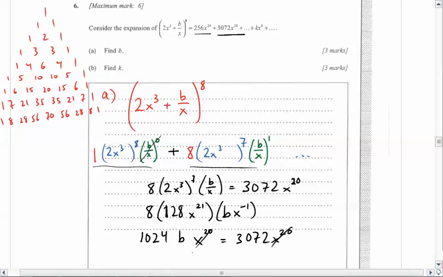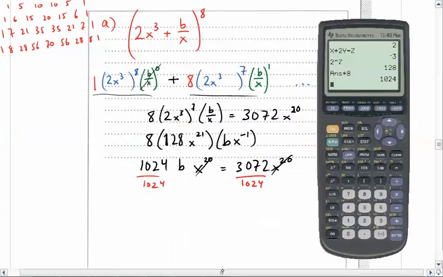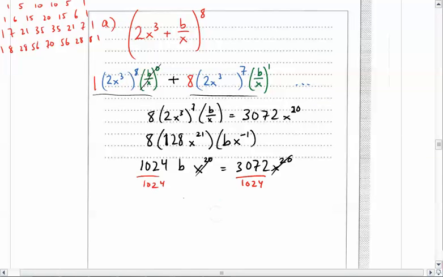So the x's will cancel. If I divide both sides by 1024, I should get my b. Looks like it's going to be 3 or something like that. 3072 divided by 1024 is 3.